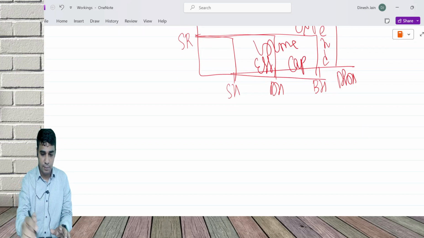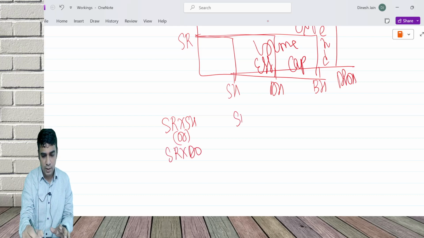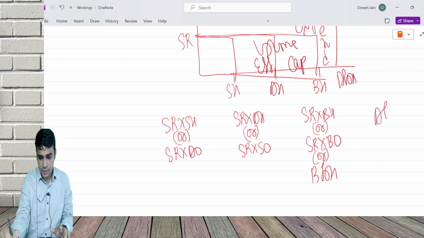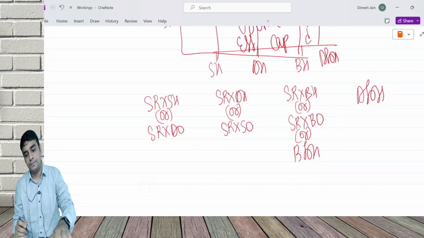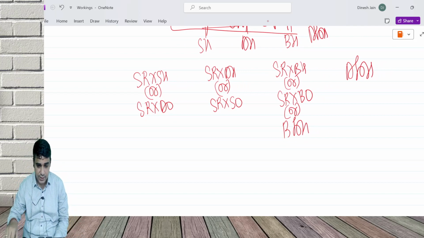When we start, the computation table has: SR into SH or SR into AO, SR into AH or SR into SO, SR into BH, or SR into BO, BFOH, and AFOH.